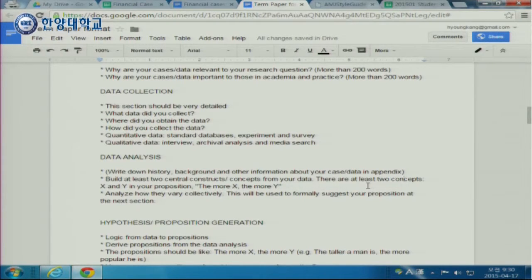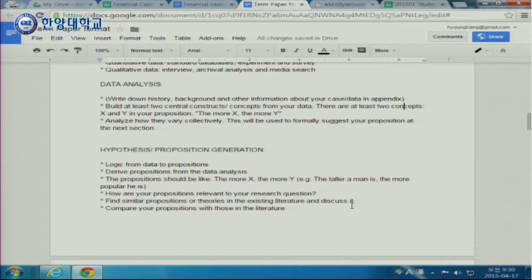Once you find those patterns in your data, you now have to generalize them. This is called hypothesis or proposition generation. So you have to write down the logic from data to proposition. Again, your proposition looks like the more X, the more Y. So from data, you come up with that proposition.